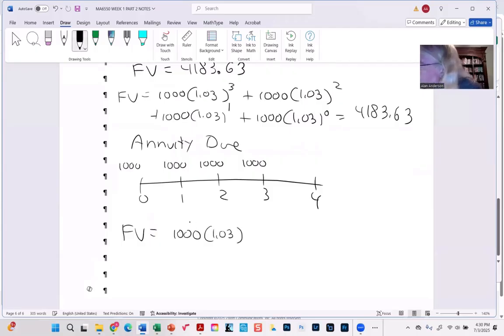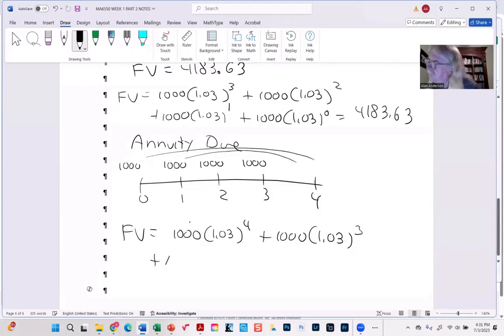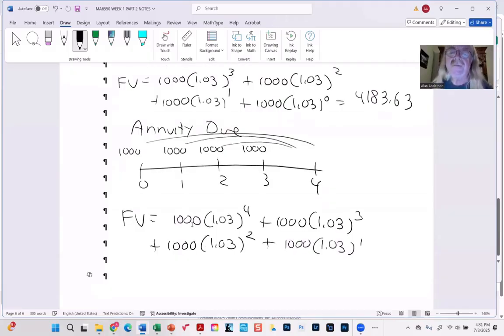So the first cash flow is actually being invested for 4 years instead of 3. The second cash flow is being invested for 3 years instead of 2. The third cash flow is being invested for 2 years instead of 1. And this cash flow is actually now being invested for a full year instead of 0.